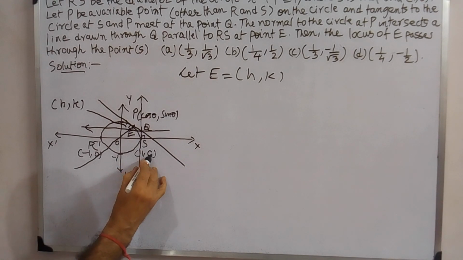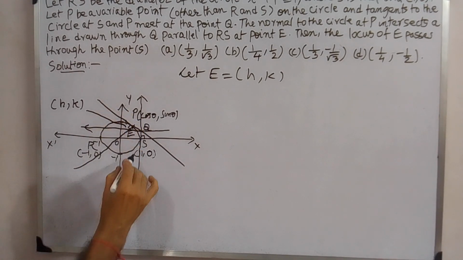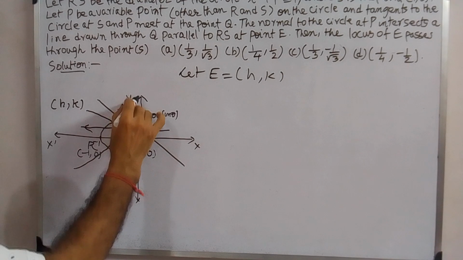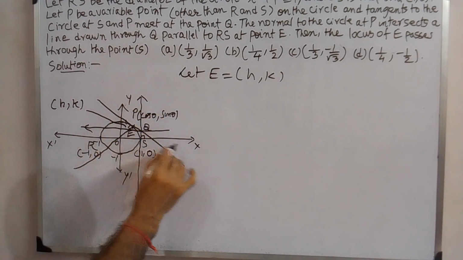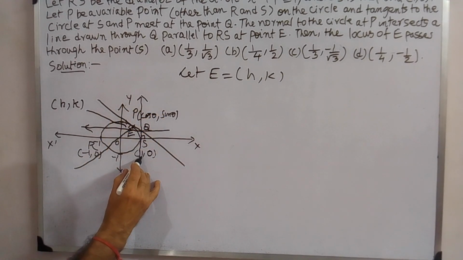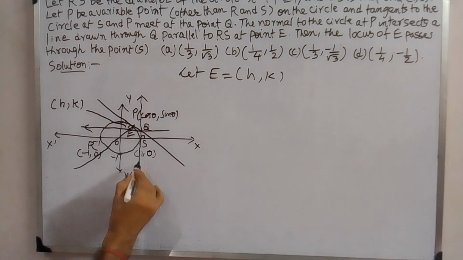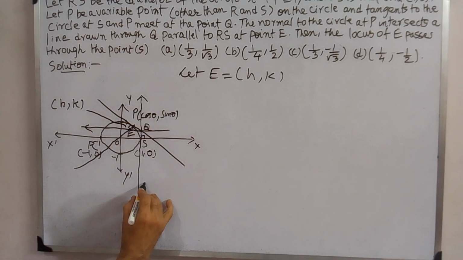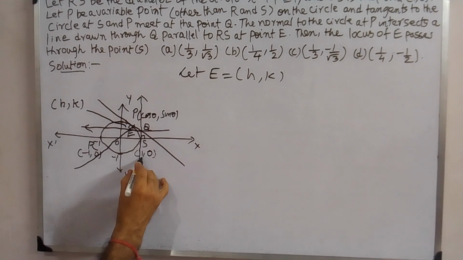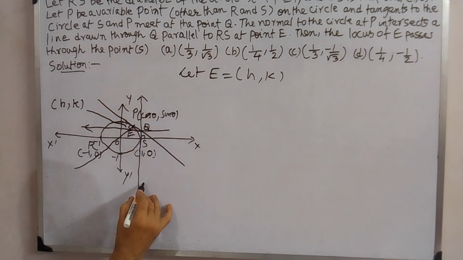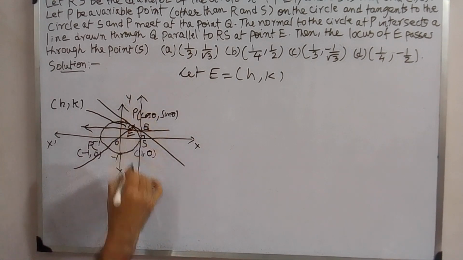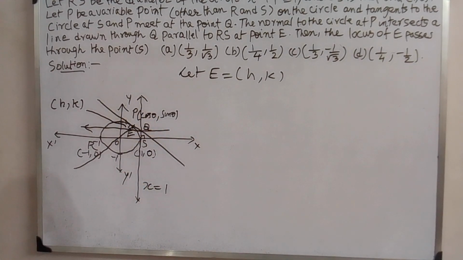So that line will be parallel to the y-axis, and since this tangent passes through the point (1, 0), every point on it will have x coordinate 1. So the equation of this line will be x equals 1.